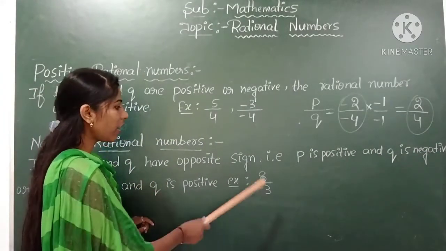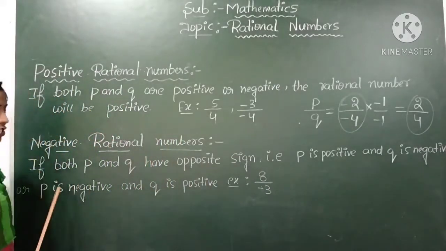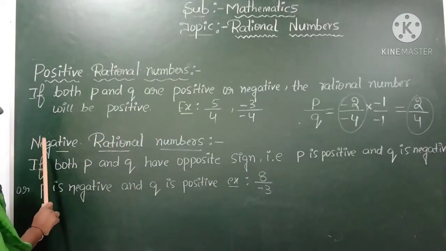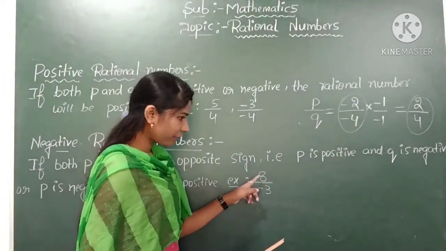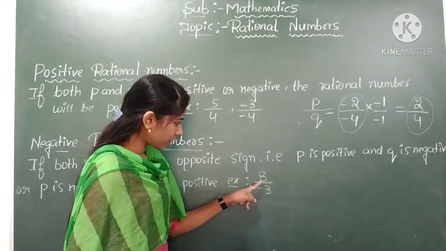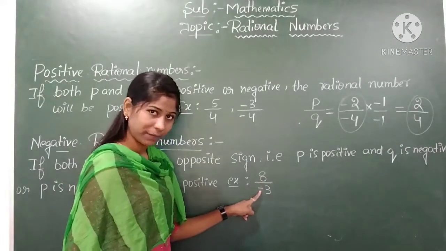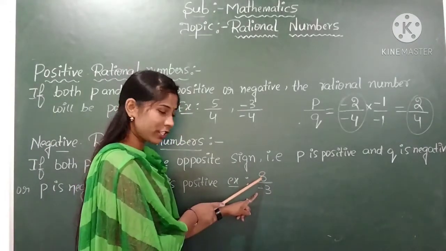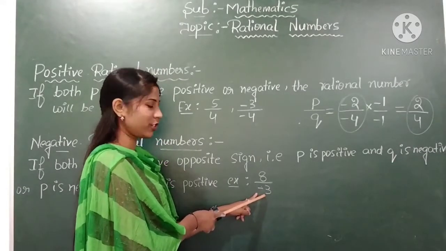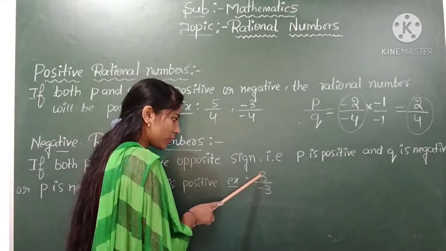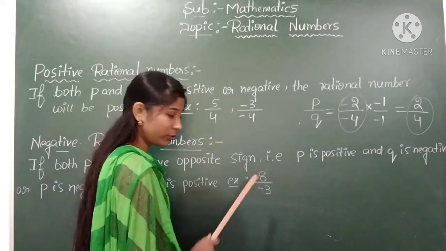This kind of rational numbers are called negative rational numbers. Yes, some examples I have given here. 8 by minus 3. Here 8 is positive and minus 3 is negative. One should be positive, the other negative.